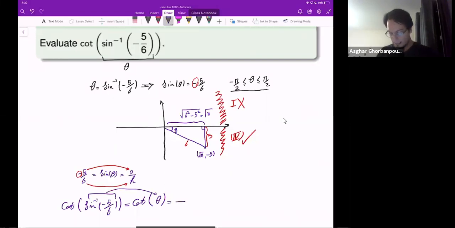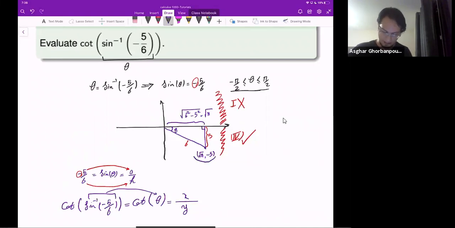But when you look at cotan, if you look in the xy Cartesian plane, it will be given by either adjacent to opposite, or you can say x over y, where that x and y is any point on this line.